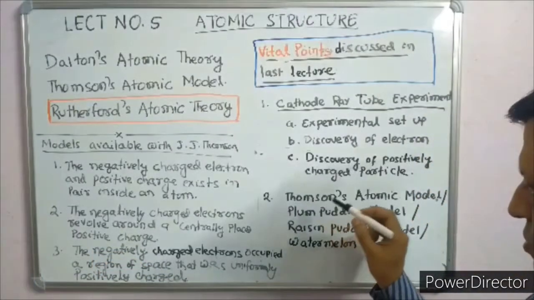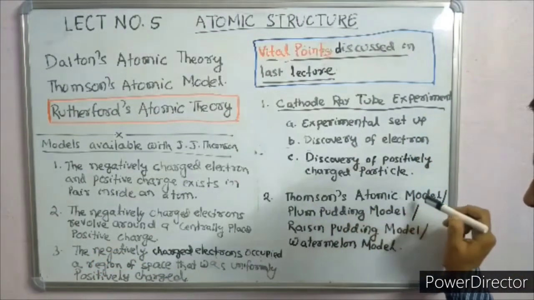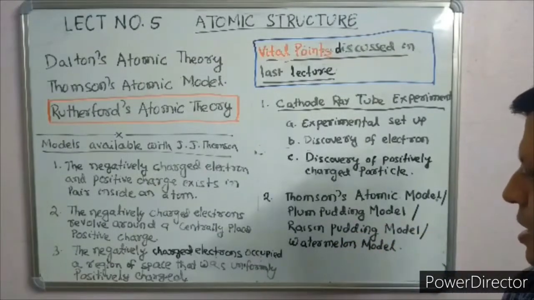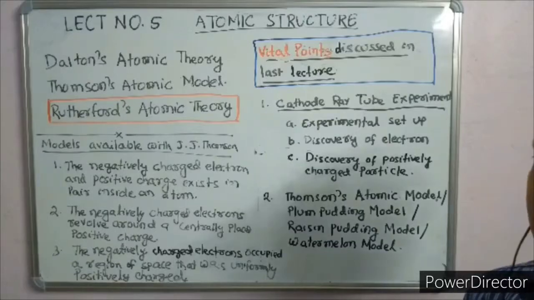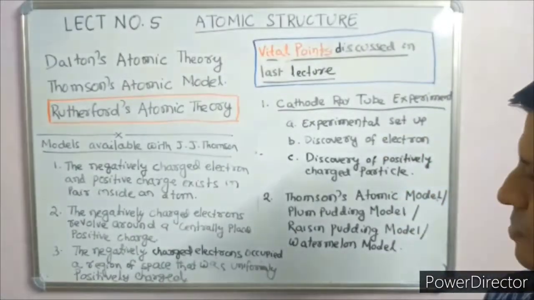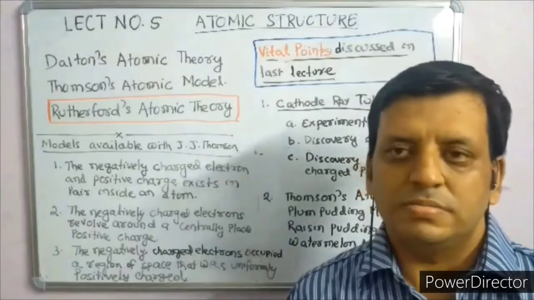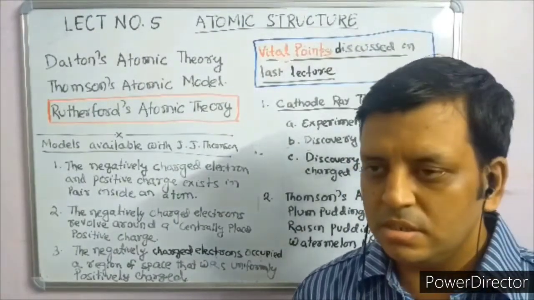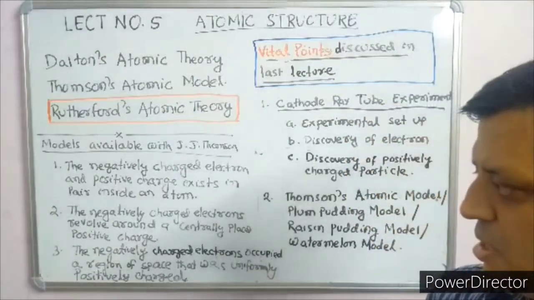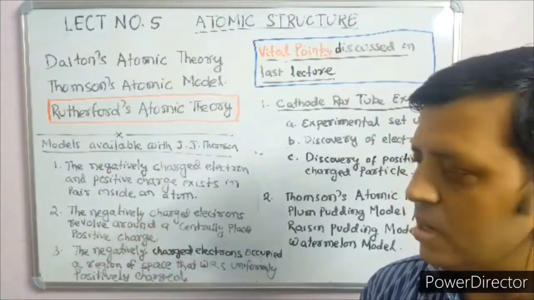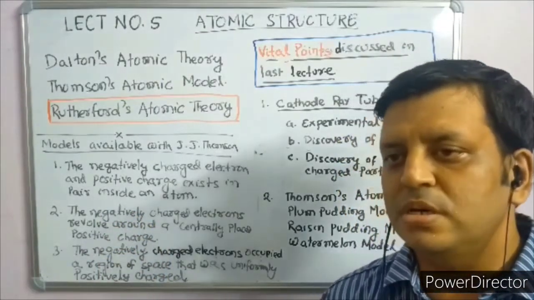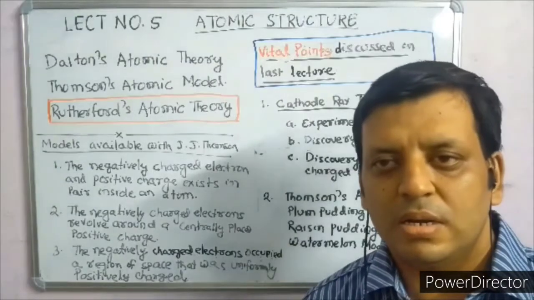this theory, he proposed his own theory, that is Thomson's atomic model, which is also known as the plum pudding model, raisin pudding model, or watermelon model. But one of his students, Ernest Rutherford, suggested that the second model given by J.J. Thomson could be the correct one.